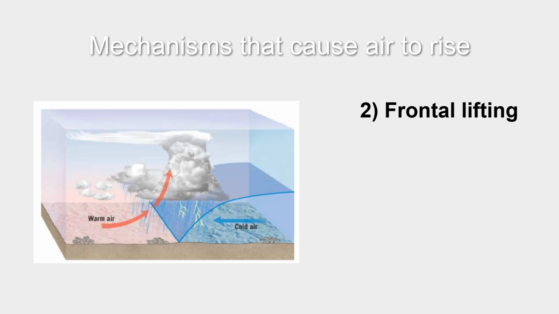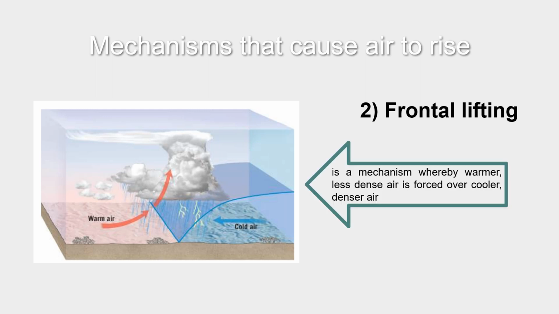So another mechanism, we're still on the mechanisms that cause the air to rise, is what we call frontal lifting. This frontal lifting is what you can see in here. It causes the air to rise. The warm air rises above the cold air.